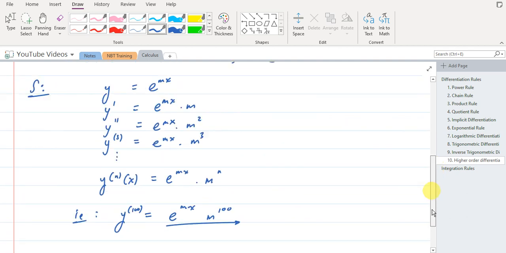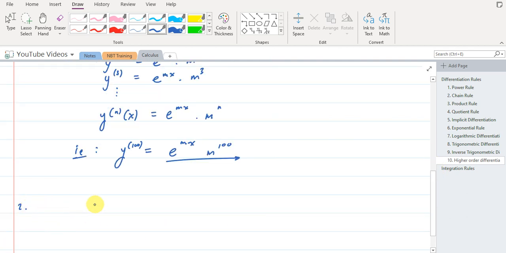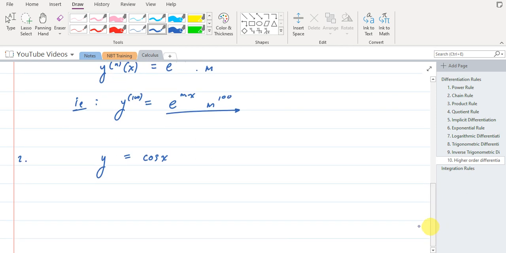Looking at the second example, we start off with the function y is equal to cos x. We're going to try and find the general formula for this. So y prime is equal to negative sine x. Differentiate negative sine x, y double prime is equal to negative cos x.